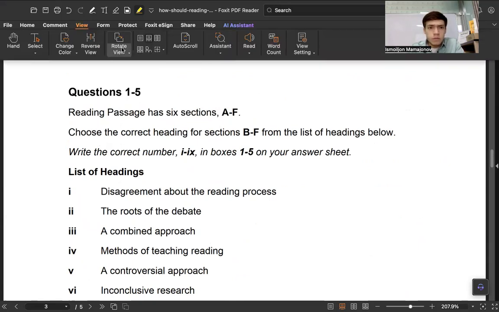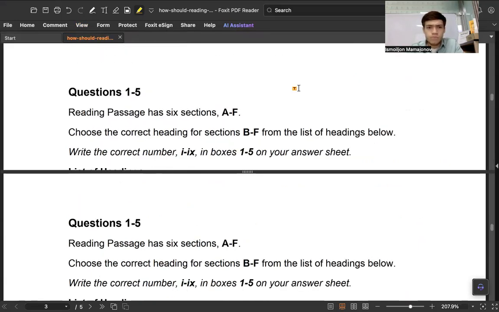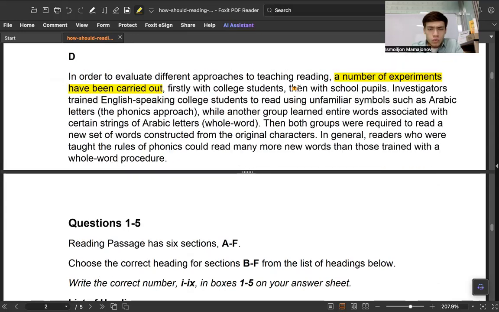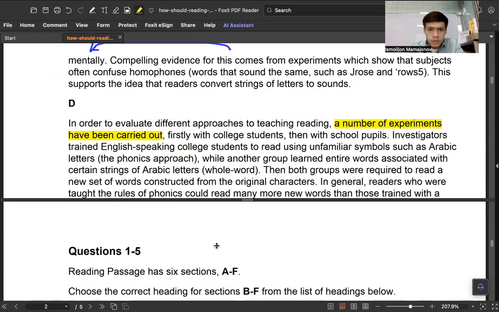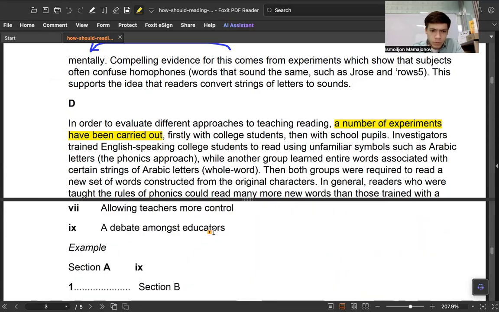So let's divide the screen horizontally, I guess. It's a much more logical division. We have the answer for paragraph A, which is debate, so we can highlight it fully, which means we don't choose this.